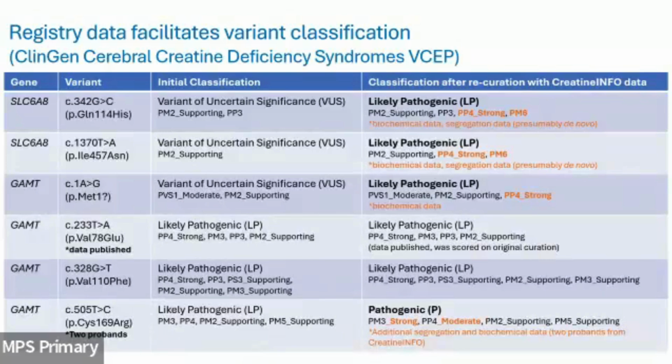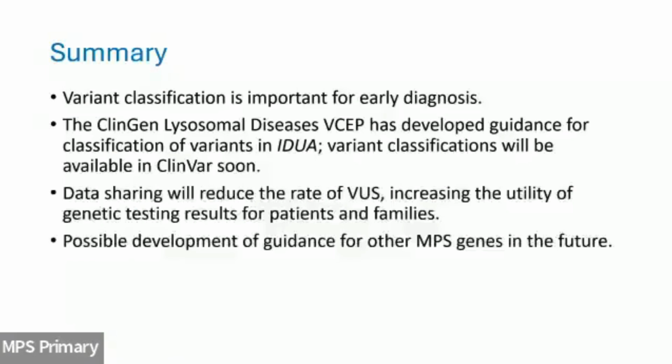But as you'll see, we have 3 variants that went from VUS up to likely pathogenic, and another from likely pathogenic up to pathogenic. So we're more convinced by that classification. So it's just really incredibly helpful to have this information for the future, when these variants are seen again, when someone else undergoes testing, that information is already there and these patients can have that useful information.